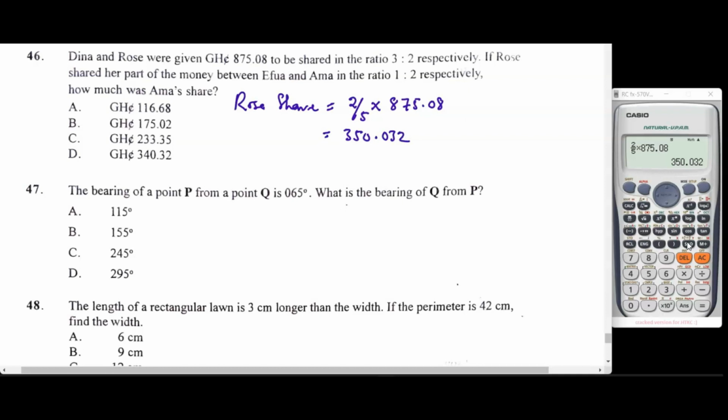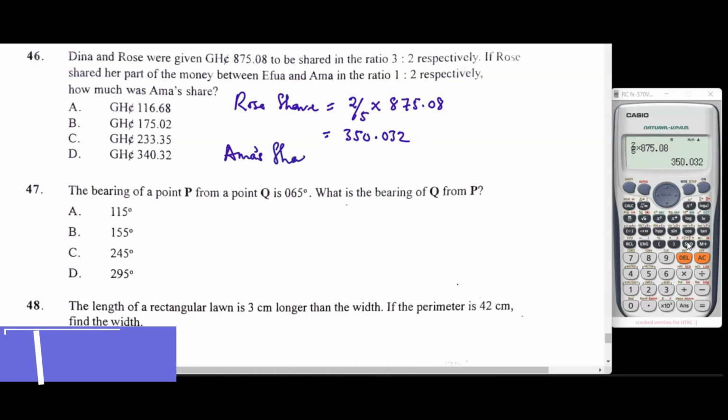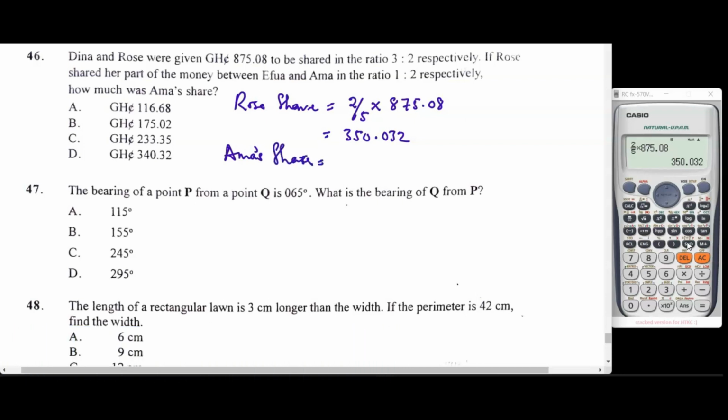But remember, Rose's amount was shared between Efua and Amma in the ratio 1:2 respectively. So we are asked to find Amma's share. So Amma's share will be equal to 2 parts of the total ratio times 350.032, which is the share of Rose.